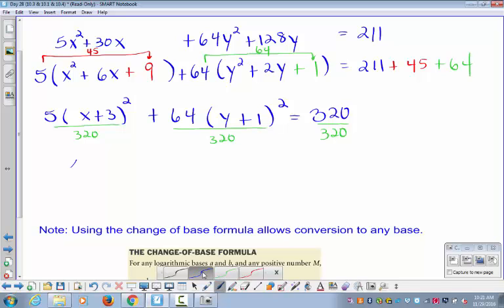And how many times does 5 go into 320? 64. And how many times does 64 go into 320? 5. So there is our standard form.